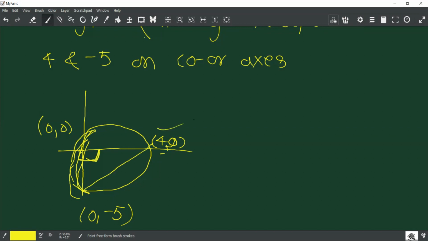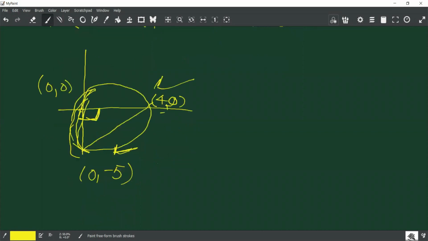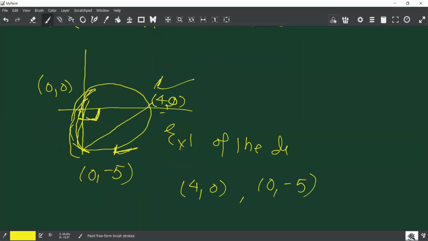So these are the extremities of the diameter: 4, 0 and 0, -5. Everybody clear?